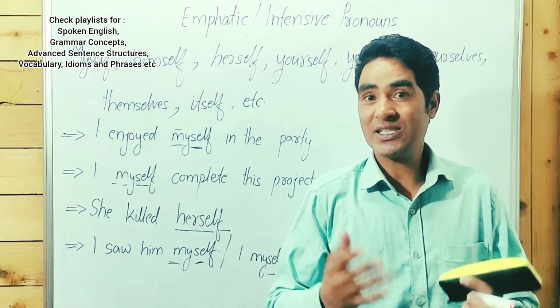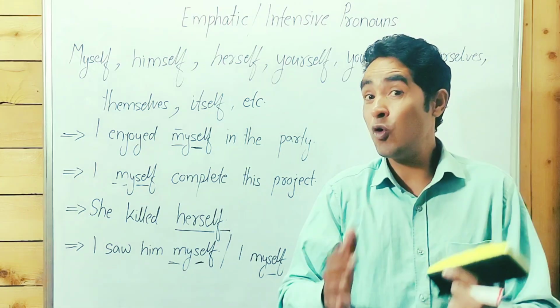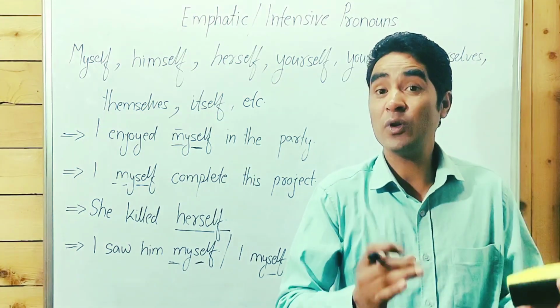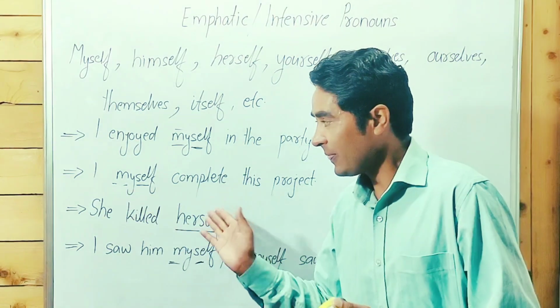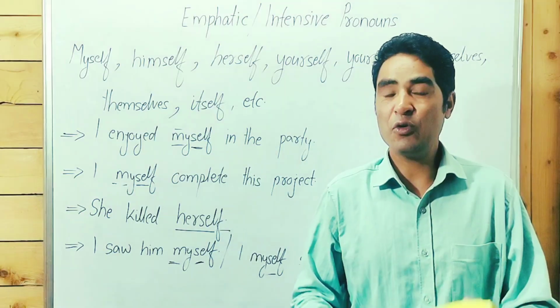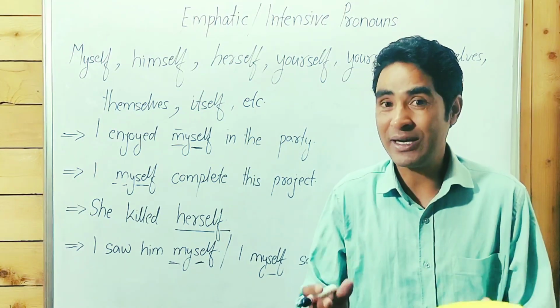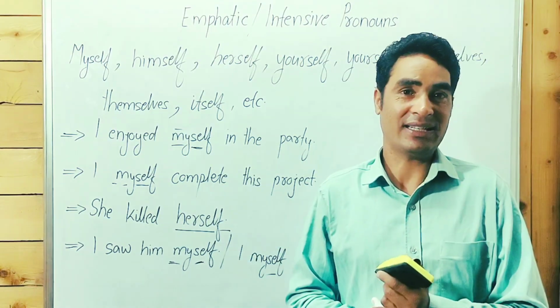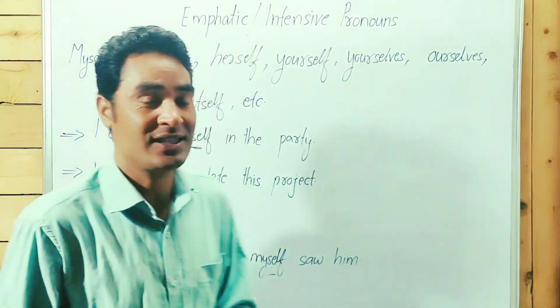I repeat, a reflexive pronoun is used after a verb, and if you remove it, the sentence will be incorrect. And an emphatic pronoun is used after a subject, and if you remove it, the sentence will be grammatically correct. I hope you understood. If you have any doubt, any question, you can ask.